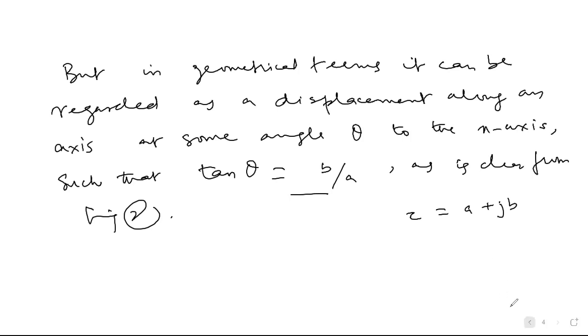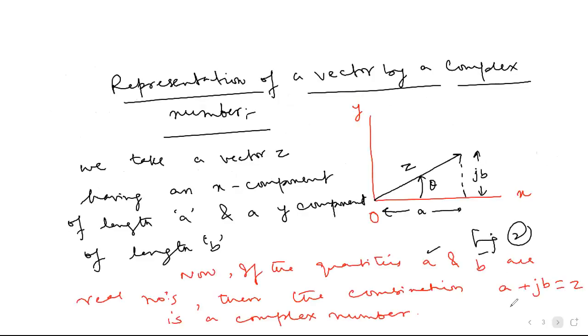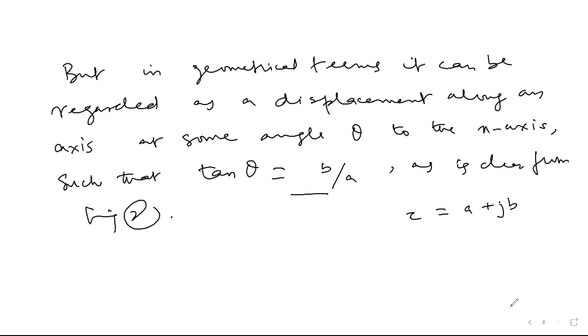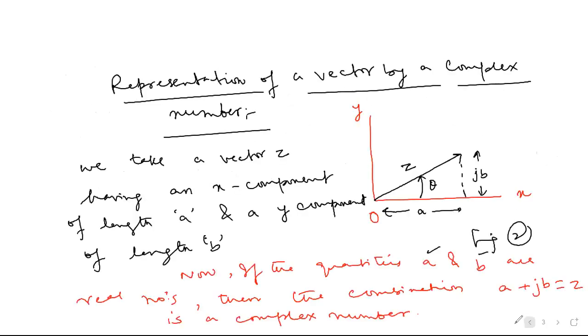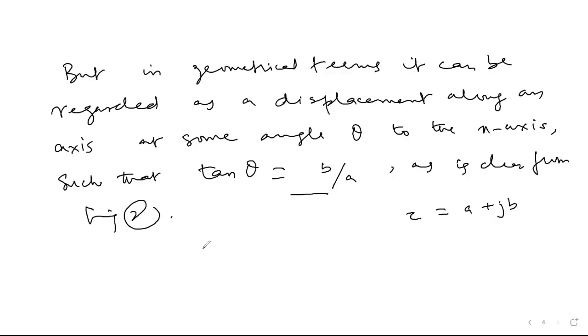Now there is another important point which I want to make. Now in figure 2, we have taken a vector z having x component of length a and a y component of length b. Now we ask a question, what is jz, right?